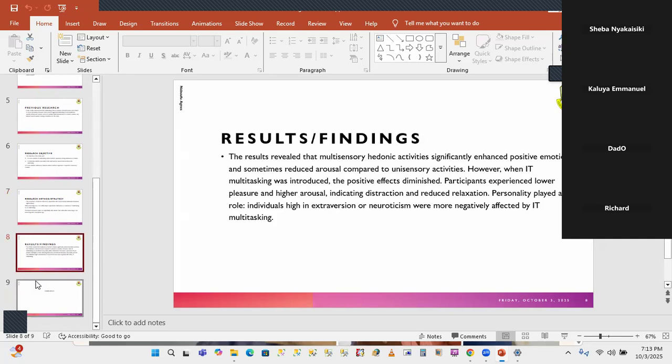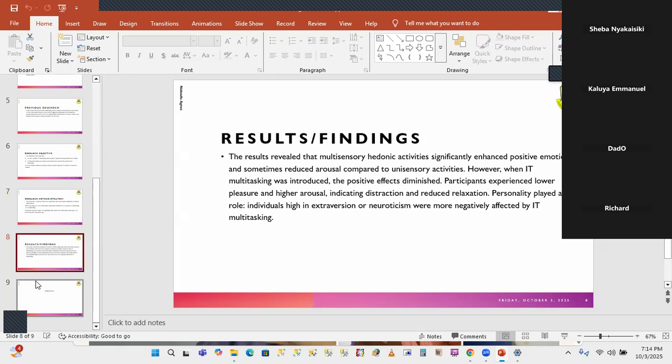Our results or findings. The results reveal that multisensory hedonic activities significantly enhance positive emotions and sometimes reduce arousal compared to unisensory activities. However, when IT multitasking was introduced, the positive effects diminished.